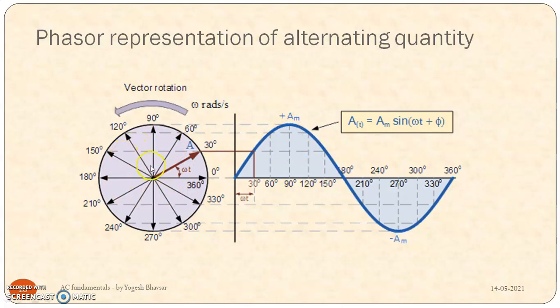Here the length will represent the magnitude and the angle at which the waveform is running, and with respect to that, the phasor will have that angle, which is called the phase angle, right? So this is phasor representation of alternating quantities. For any waveform which has a frequency, we can represent that waveform in terms of these phasors, right?